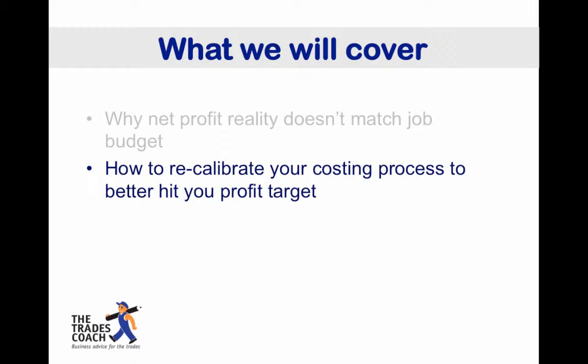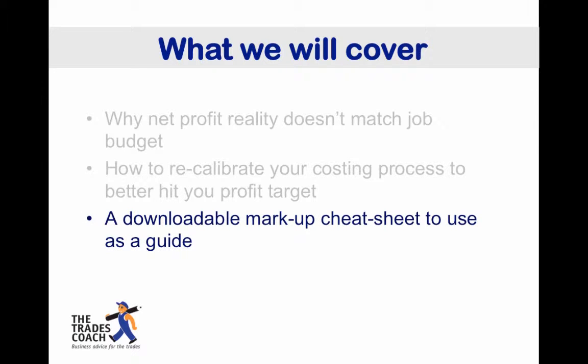If that's been an issue for you, then we'll look at a way you could recalibrate your costings a little, to adjust for that markup versus margin confusion, which may be a cause of the disparity between what you expect as a budget and what you're getting as reality.